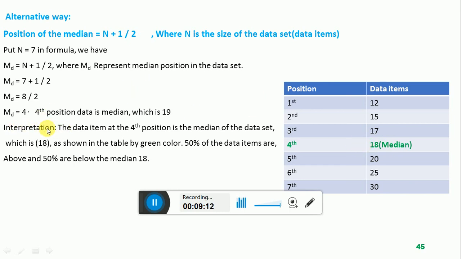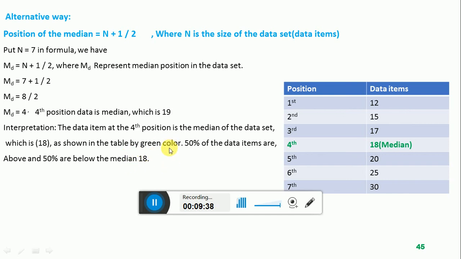Interpretation is that the data item at the 4th position is the median, which is 18, as shown in the table in green. 18 is at the 4th position, and this is the median of the data set. 50% of the data items are above the median, and 50% of the data items are below the median, 18.